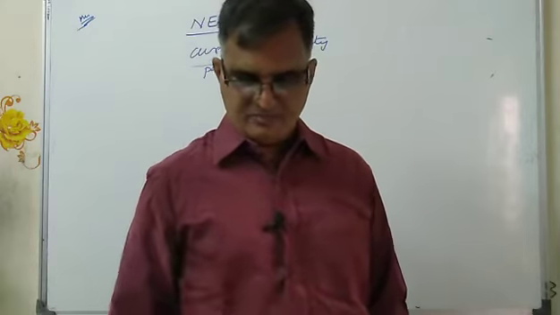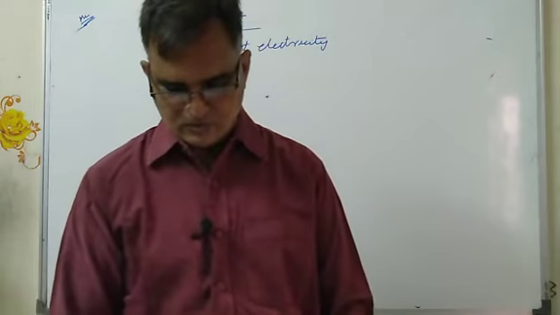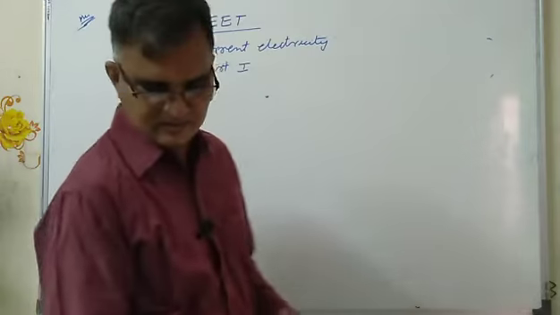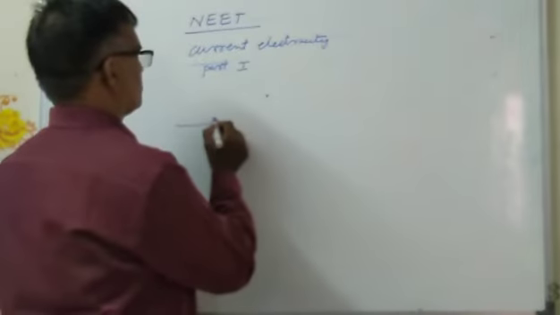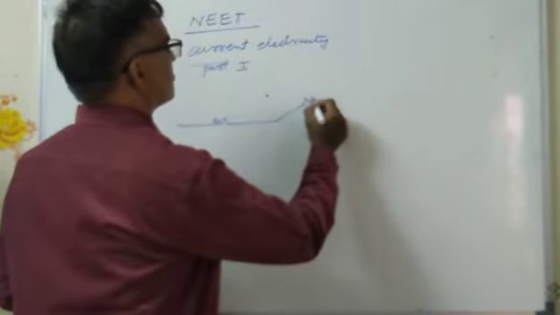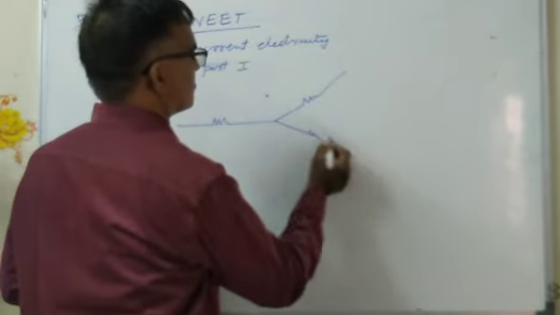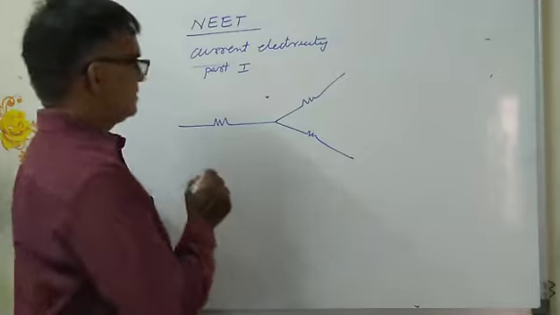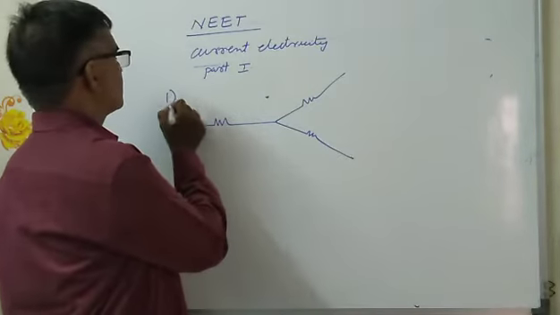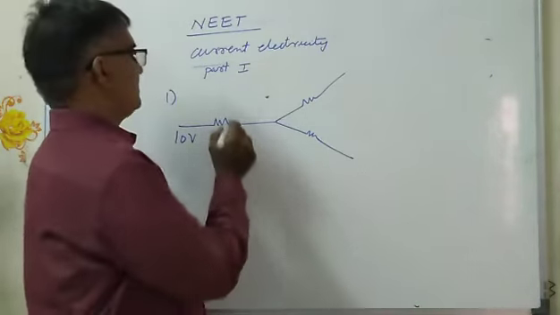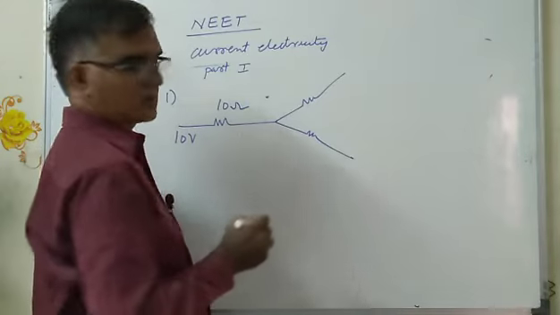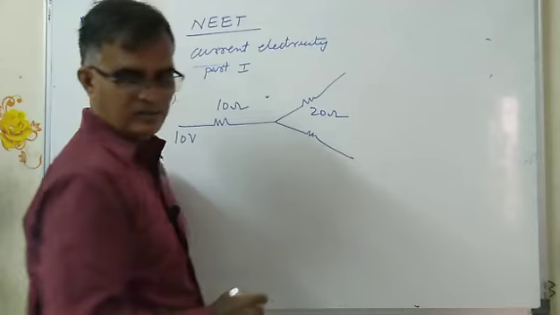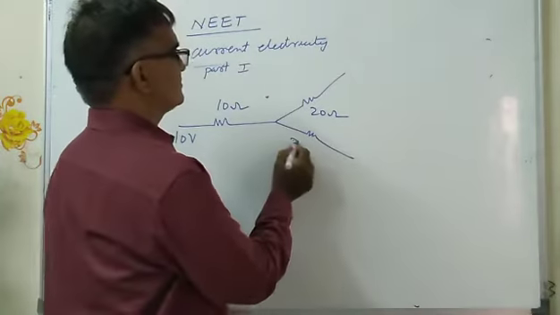Find the current passing through the 10 ohm resistor. Like this you have. Here we have 10 volts, here 10 ohms, here 20 ohms, here 30 ohms.